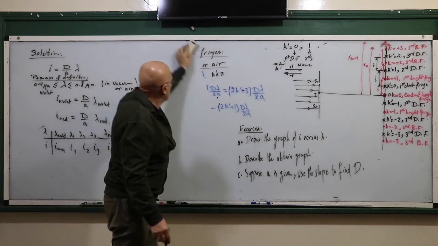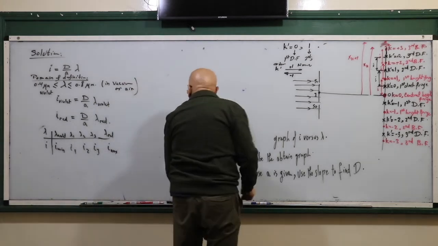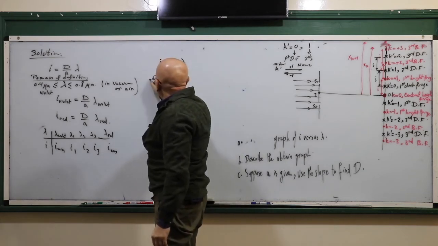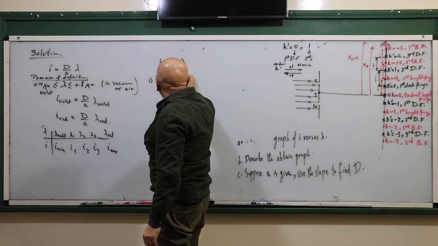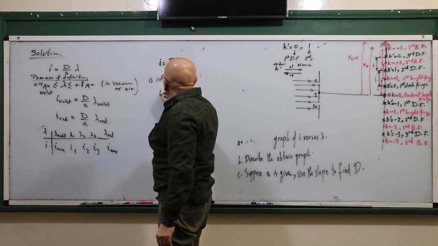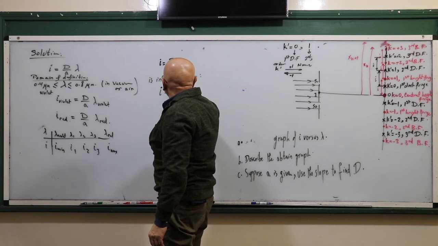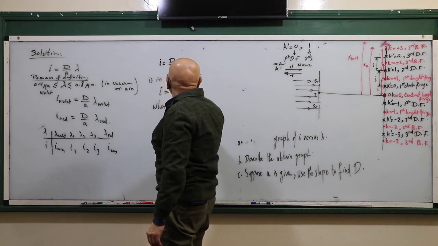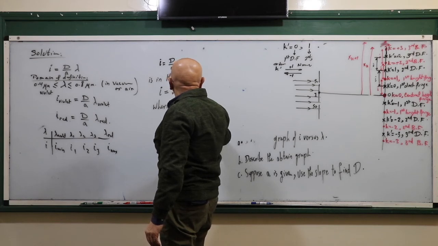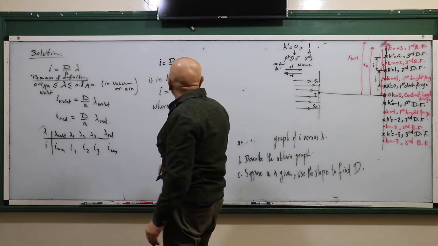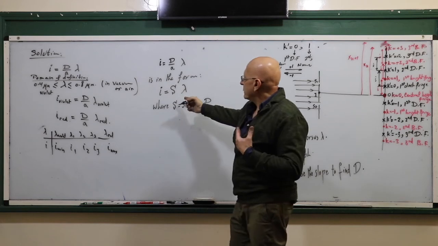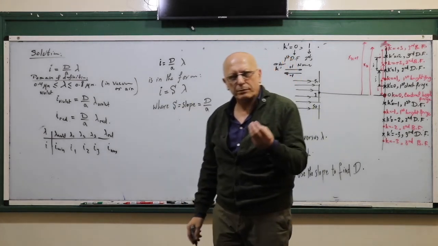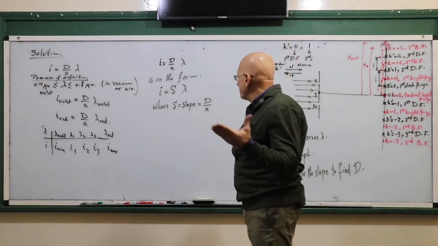I equal D over a lambda is in the form I equal S lambda, where S equals the slope equal D over a. What does this mean? This is in the form y equal ax, which is the equation of a straight line passing through the origin.